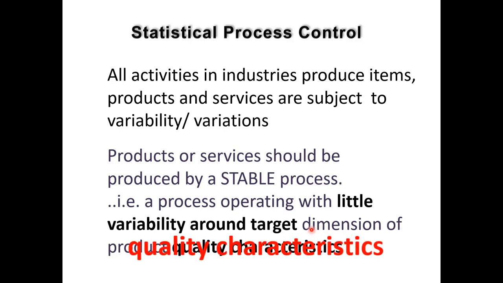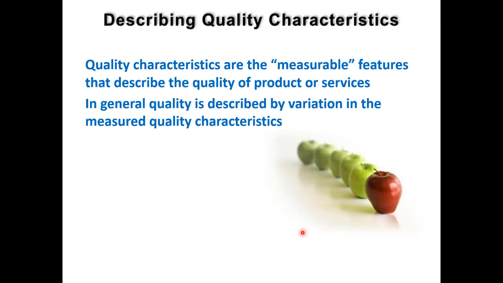So when we talk about any dimension or any measurement, it is the measurement of quality characteristics. Now, how do you describe a quality characteristic? Quality characteristics are the measurable features which describe the quality of product or services. In general, quality is described by variation in the measured quality characteristic.